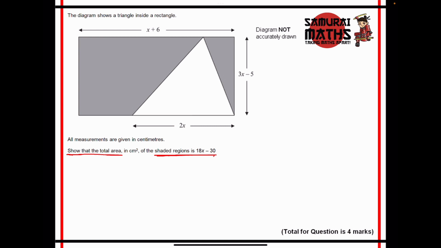Okay, so the strategy, I guess we need a plan to find the shaded region within a structure like this. And do you want to split that up for us? Yes, we do. We need a plan because there is always a plan. So my plan is to calculate the area of the rectangle, and I'm going to work out the area of the triangle.